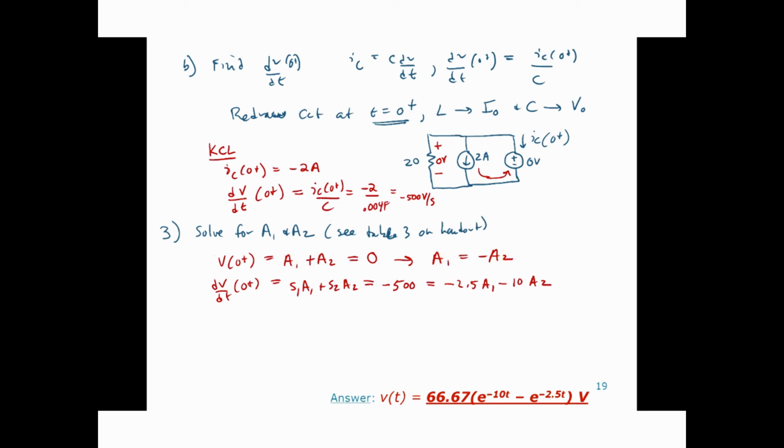Okay, but since A1 equals minus A2, we can plug that in there. And so then we can say, with a little bit of algebra here, 10 A1 minus 2.5 A1 equals minus 500.